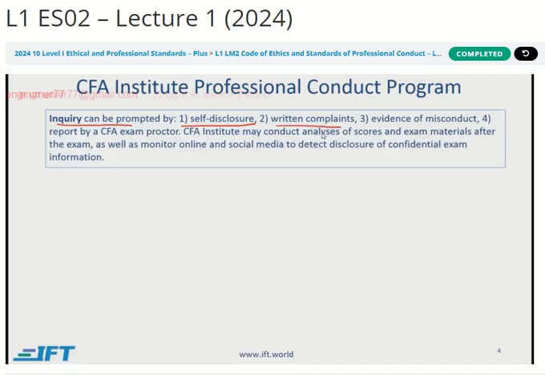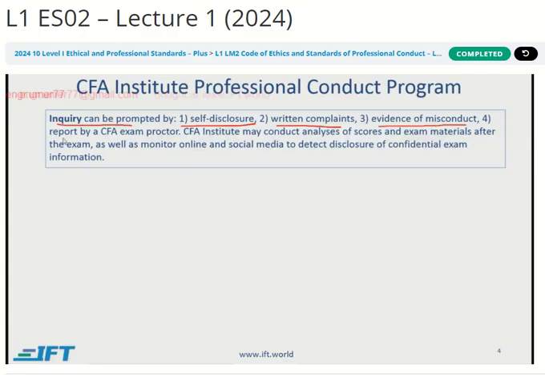There can also be written complaints where somebody else, possibly a charter holder or somebody enrolled in the CFA program, might write to the PCP and complain about behavior that does not align with the code and standards. Evidence of misconduct means that the CFA Institute staff may become aware of questionable conduct through the media or through regulatory notices or some other public source.